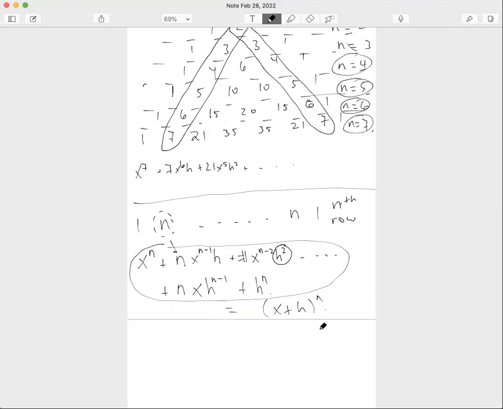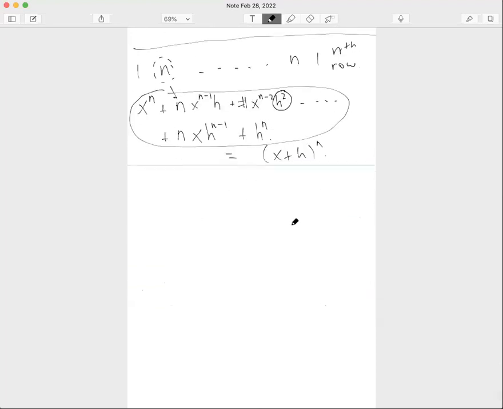All right, is that okay? We're just using the triangle right now. Again, there's a proof for the triangle, but you might see that more in a discrete math class, using something called induction.